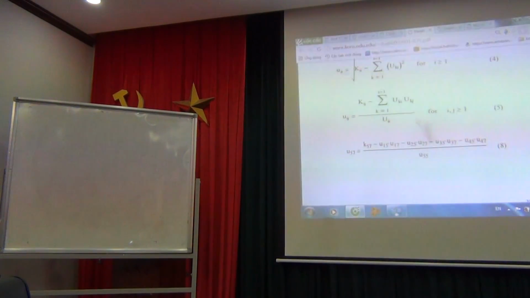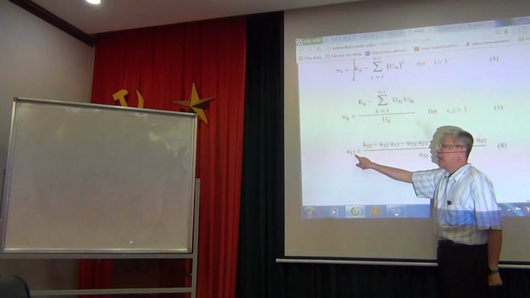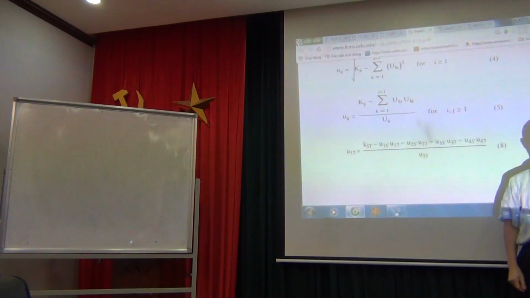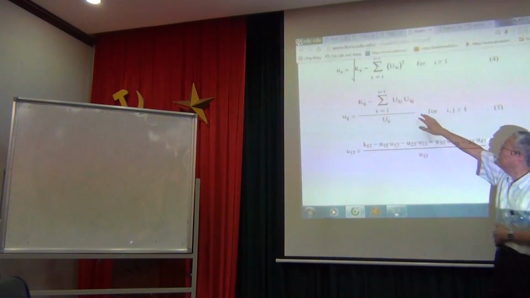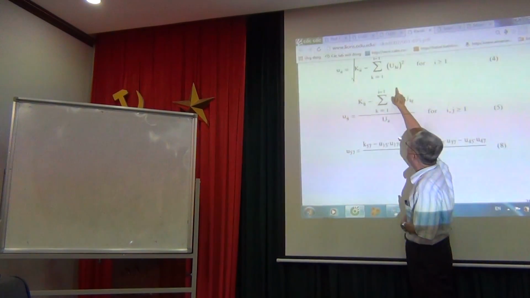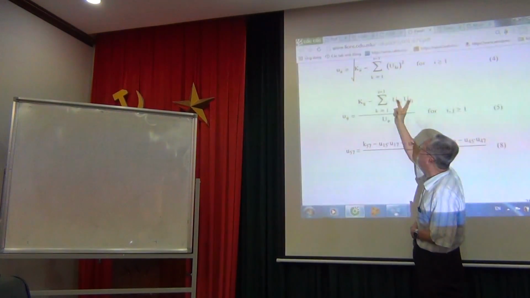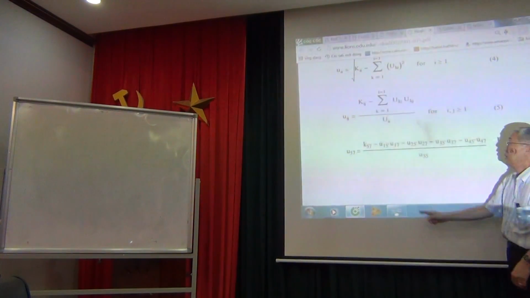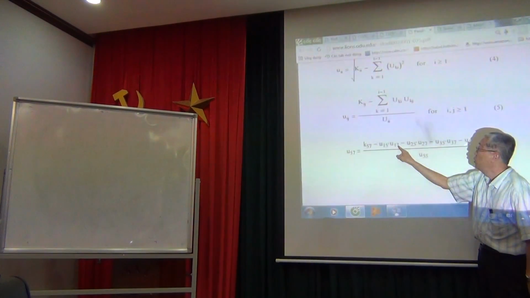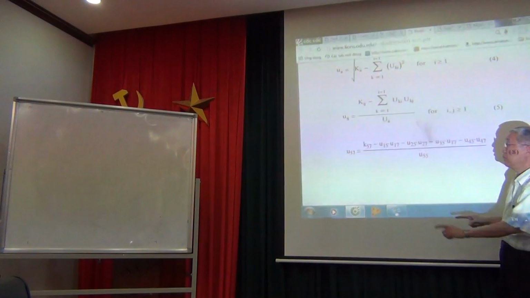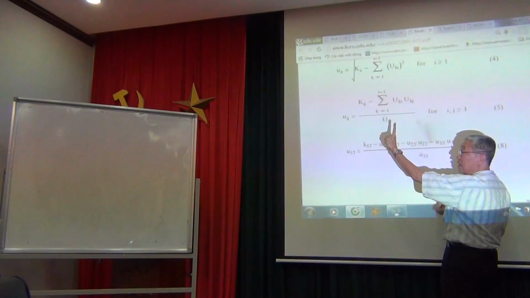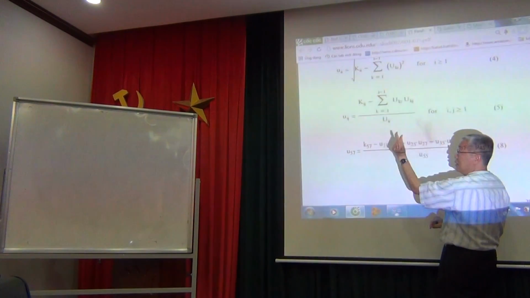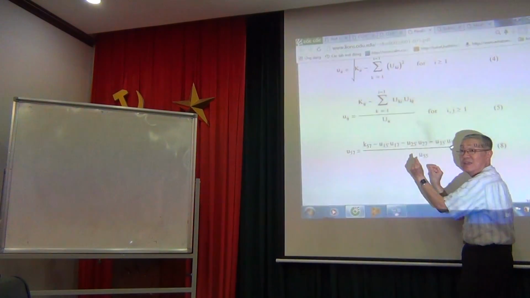If you want to calculate U5,7, you need to know column 5 and column 7. The most important thing about this formula is the summation of the product. This operation, U15 U17, U25 U27, means you take column 5 and column 7, and you multiply this times this, plus this times this, plus this times this.